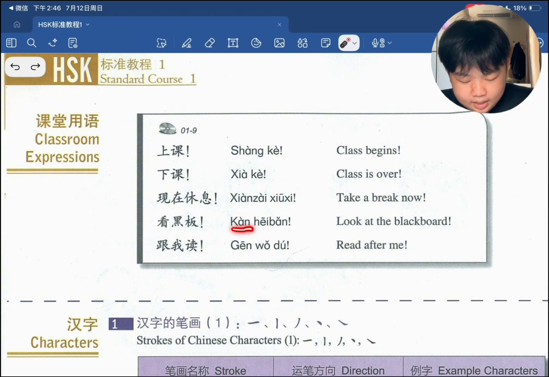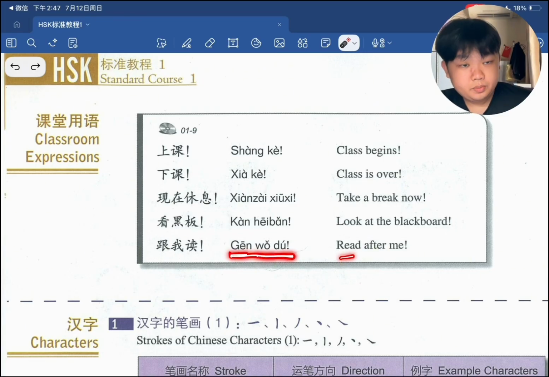Kan heiban means look at the blackboard. Gen wo du means repeat after me.